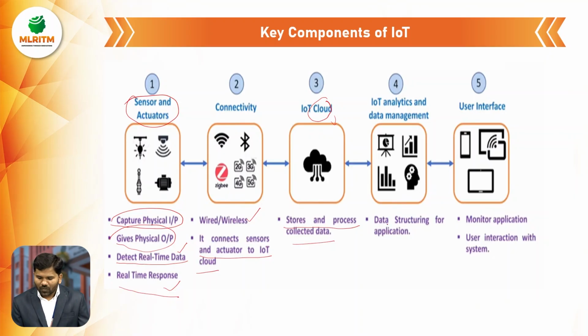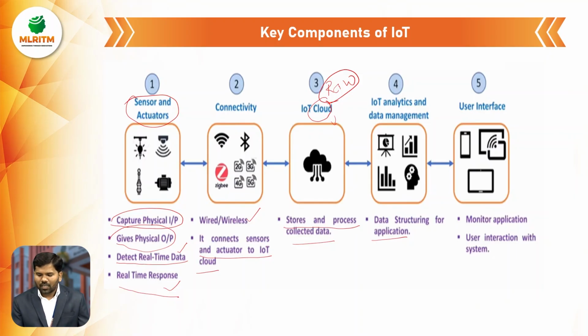Next, the collected data from the cloud should be analyzed. This is analytics and data management, like data structuring for the applications. The collected data must be processed, which means we have to extract the useful information. The collected data is raw data, which means it contains some noise, missing values and unnecessary parameters.